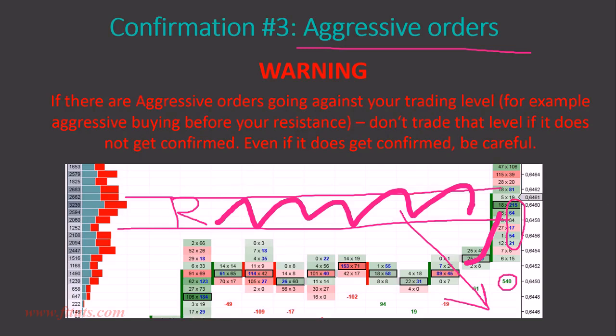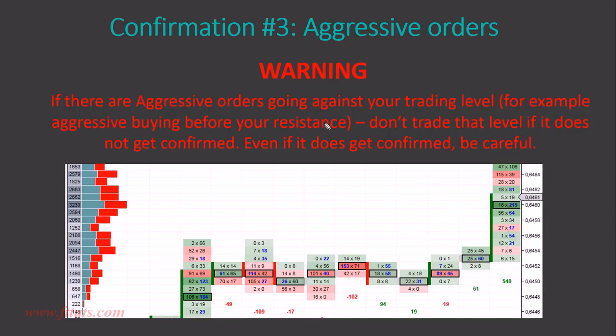In this case, it would be best not to enter your trade because of those aggressive buyers jumping in. You don't want to see that when price hits your resistance. Alright? There's a high risk that those aggressive buyers will just push through and you'll take a stop loss.